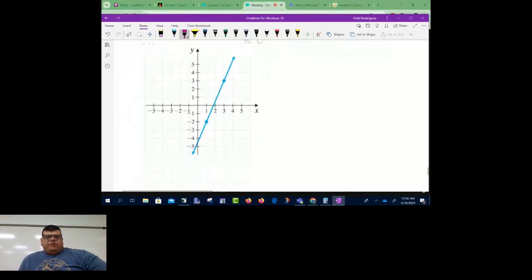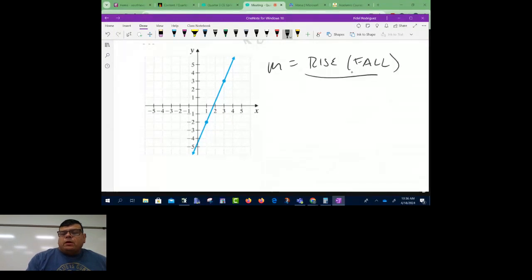Let's take a look at this one. Let's see if we can do the same thing here. Remember, my slope is either the rise or the fall over my run. First thing I want you to notice about this line is that it's going up, right? If I follow this line, we're going straight up. So now let's do some counting.